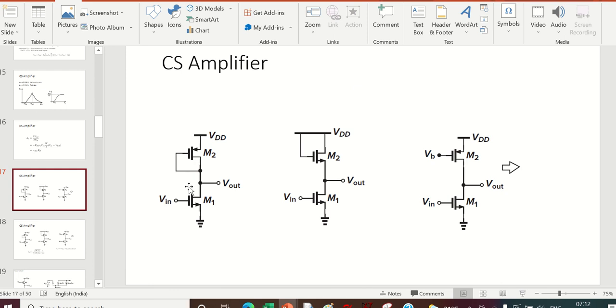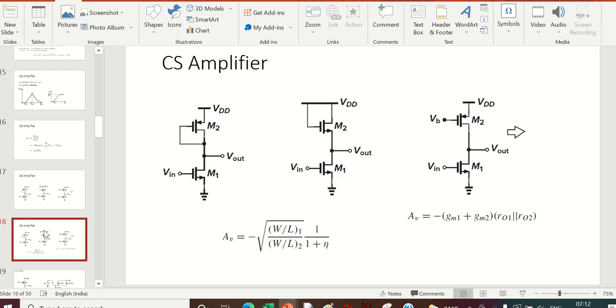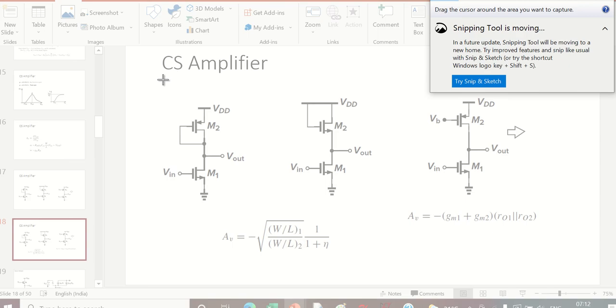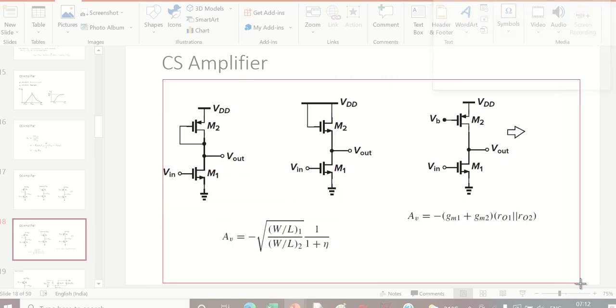So what are the benefits we see? Okay, if this common source amplifier has an active load, the formula will change.